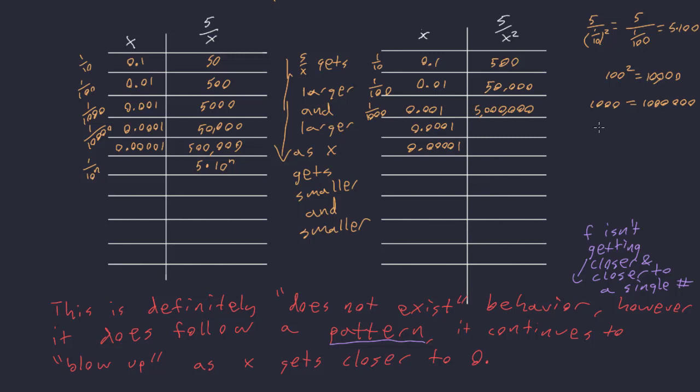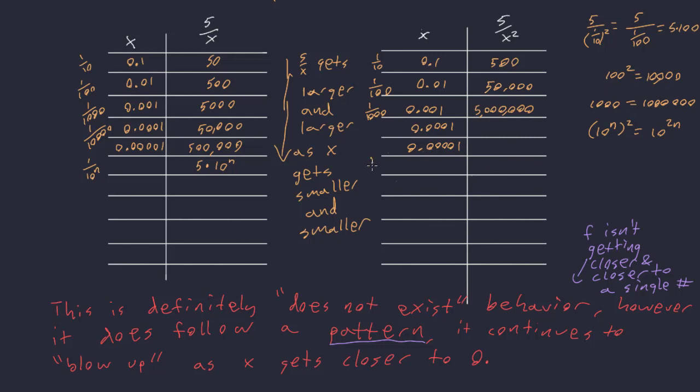And in general, 10 to any power, if we square it, is just going to have double that many zeros. So if it started with 1 zero, now it has 2. If it started with 2 zeros, now it has 4. If it started with 3, now it has 6, etc.